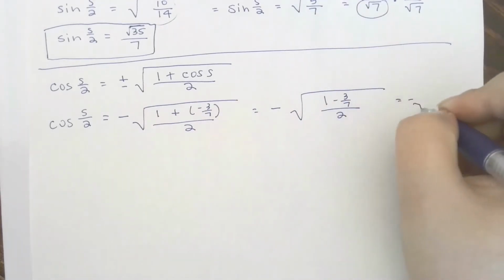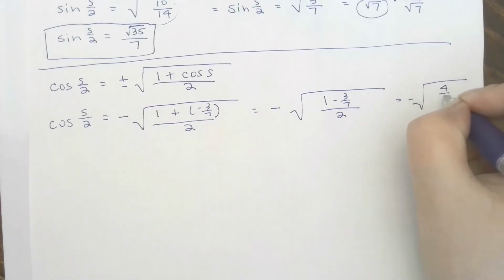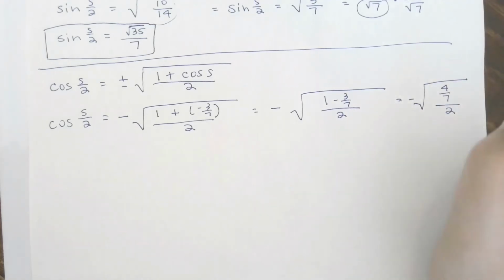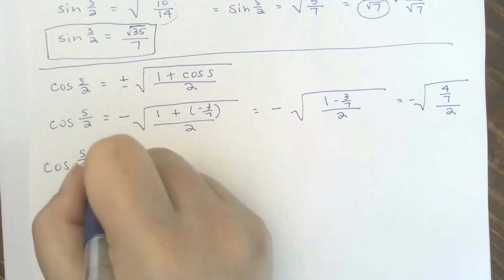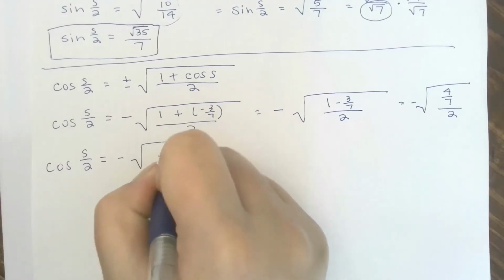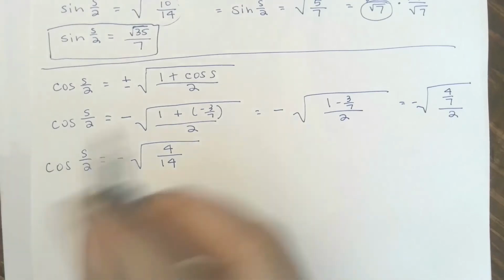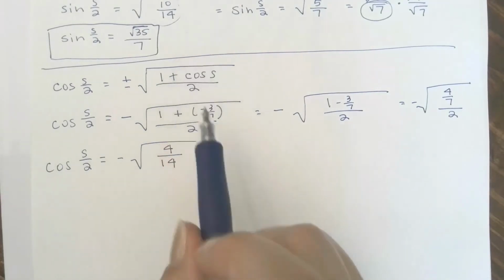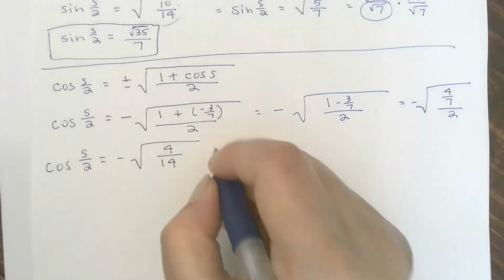Okay, so it's negative square root of (4 over 7) over 2, and 4 over 7 divided by 2 is the same as saying 4 over 14. So the negative square root of 4 over 14. Just as we did in the previous portion, we're going to simplify 4 over 14.